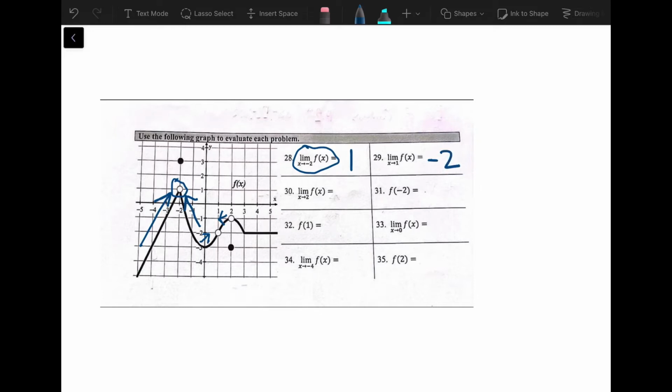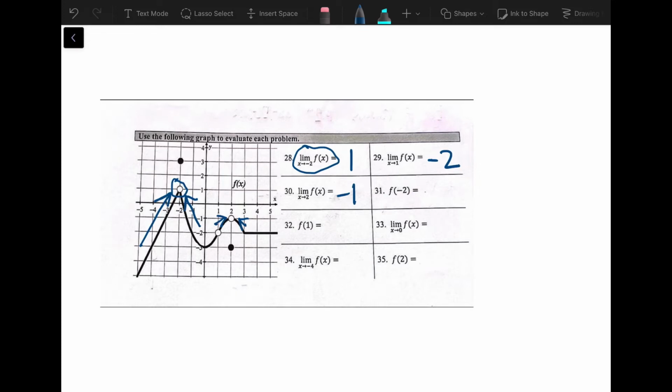Put that there. As x approaches 2, f of x, so if I can erase these lines, as x approaches 2, f of x approaches -1, right?